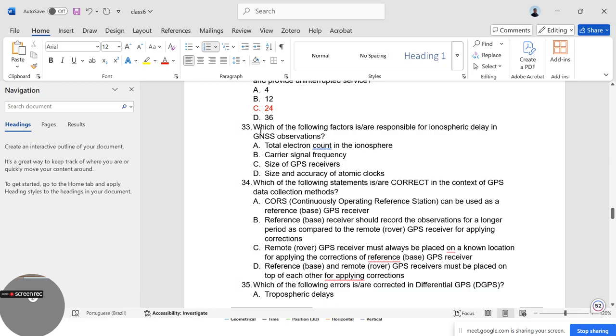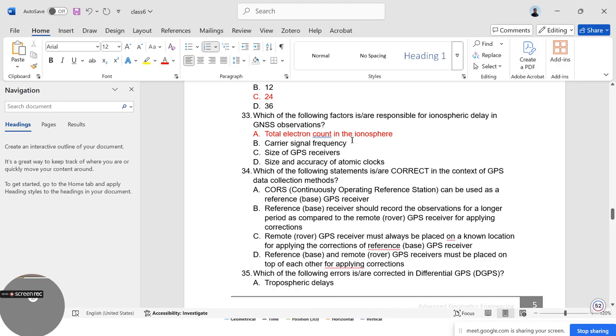Which of the following factors is or are responsible for ionospheric delay, which is coming from the atmosphere in GNSS observations? The ionosphere is where lots of electrons and charged particles are there. So it is coming because of that.